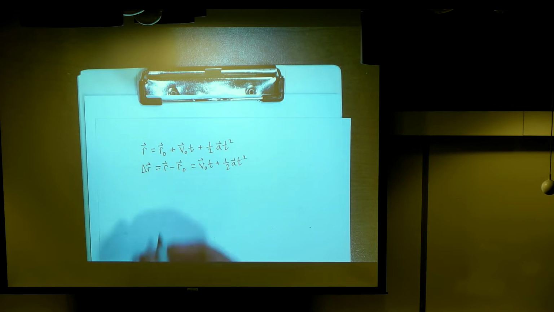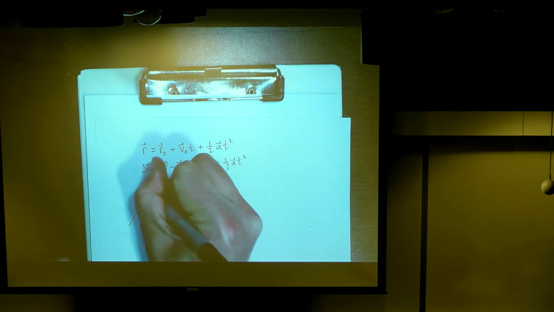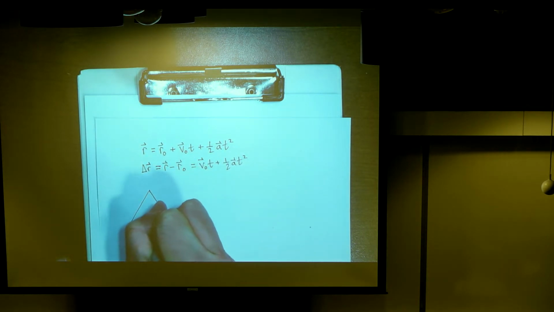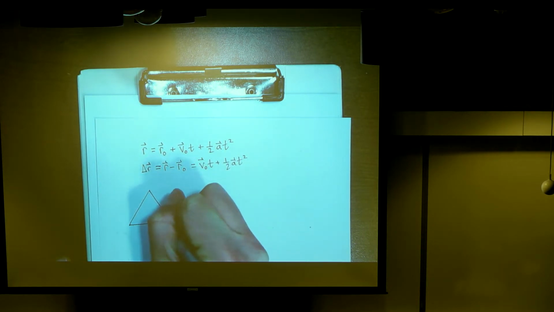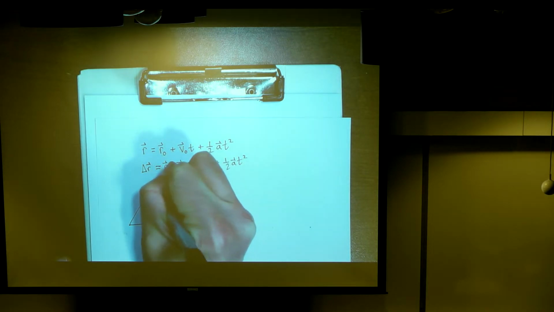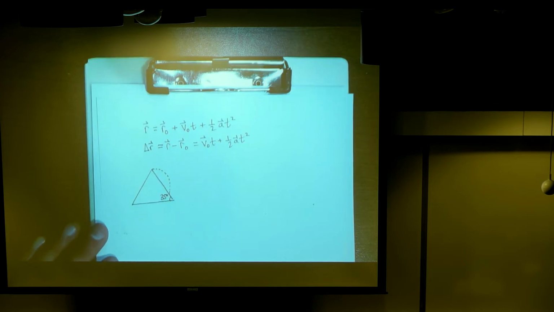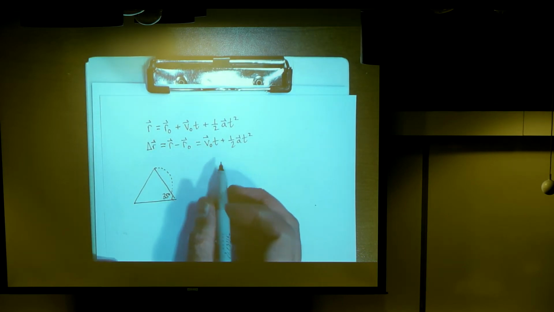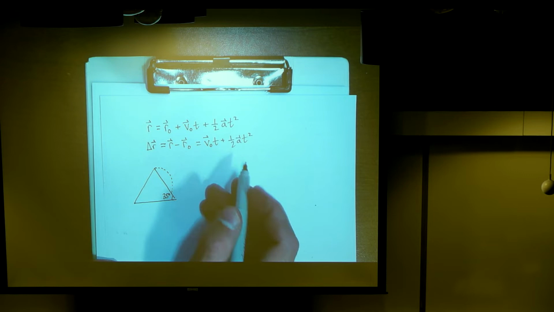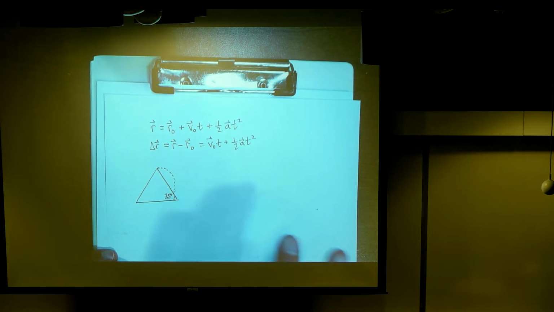So let's just start with the basic picture of what's going on. We have this 35-degree slope. We throw a pebble down the slope like this, and then it lands somewhere on the slope, right? Okay, so my v0 vector, my initial velocity vector, which direction is that pointing in?